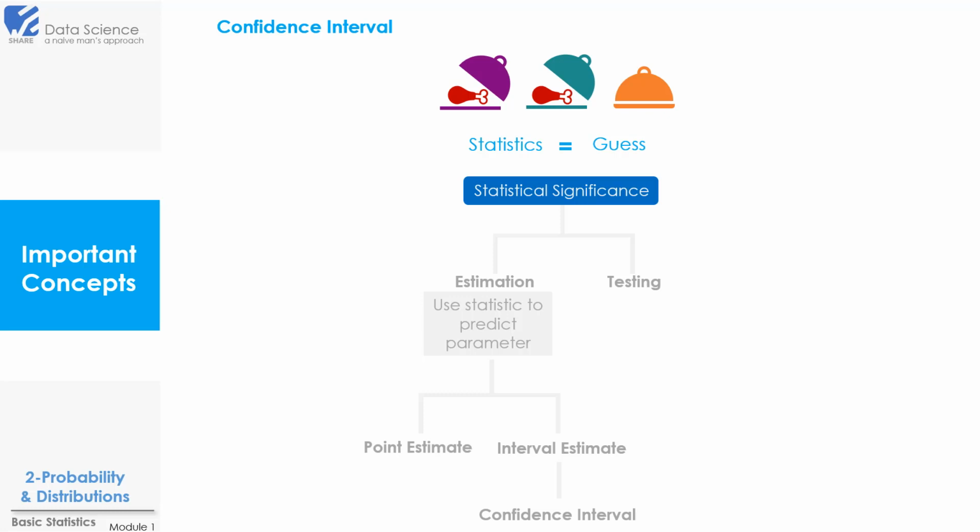Now estimation, as you can see in the flowchart, is again of two types, the point estimate and the interval estimate. Now point estimate, as the name suggests, is an estimate at a particular point. But interval estimate is an estimate in the form of an interval within which the true value lies. Hence the interval estimate is called confidence interval.